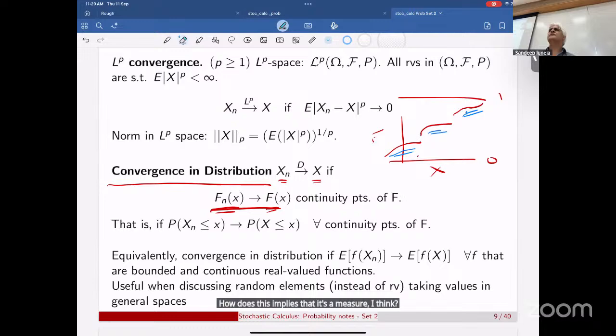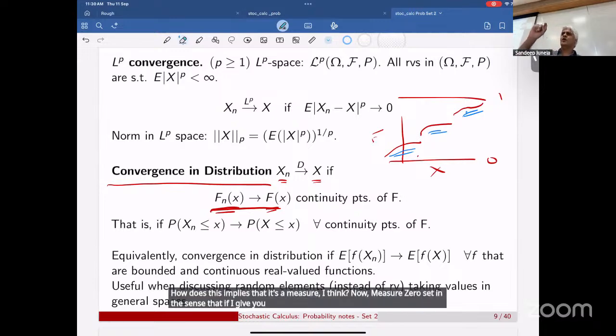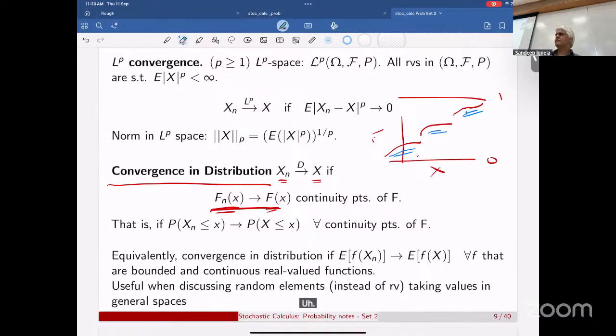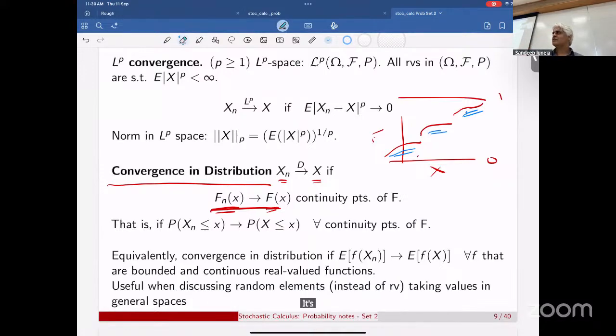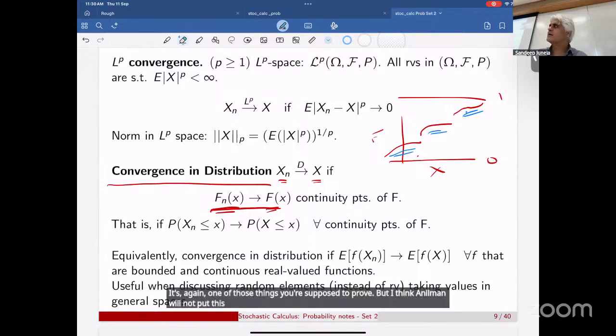No, measure 0 set in the sense that if I give you a non-decreasing function which jumps at the points of discontinuity, each discontinuity will have a different rational from any other discontinuity. Since the total number of rationals is countable, the number of discontinuities can be at most countable. It's again one of those things you're supposed to prove, but I think Anirban will not put this up this time.